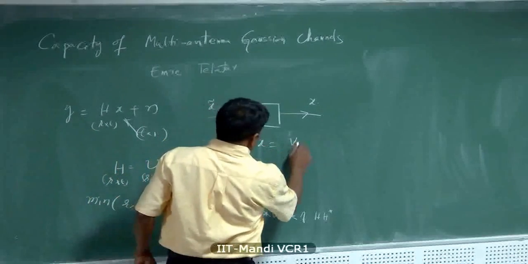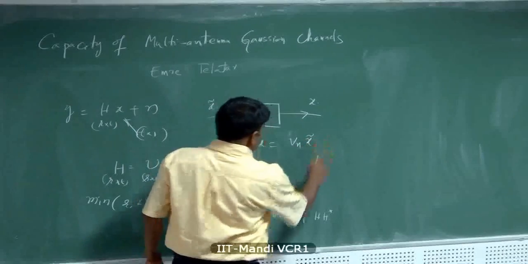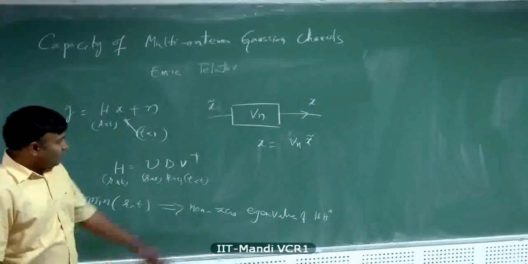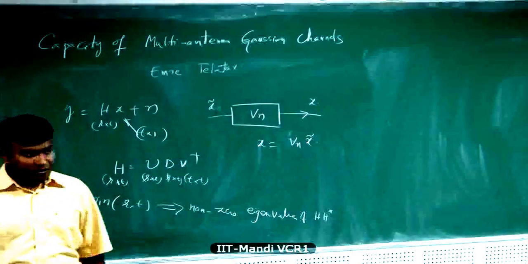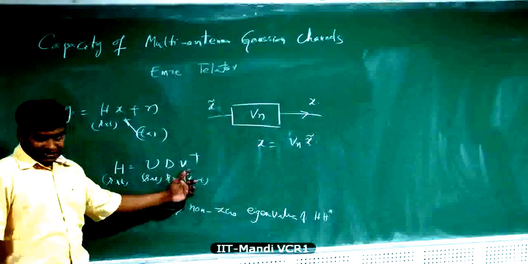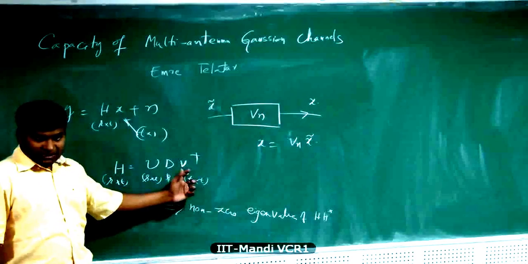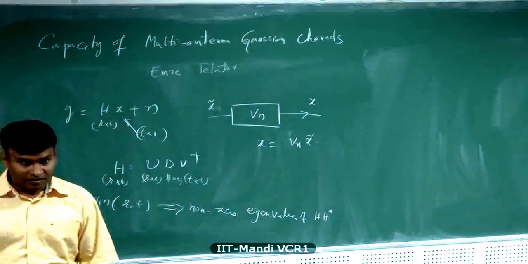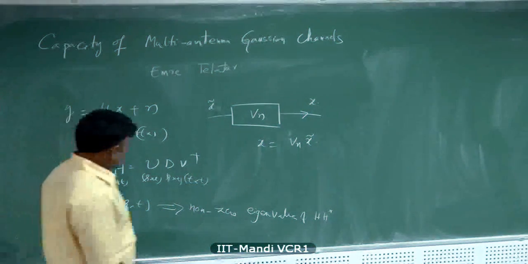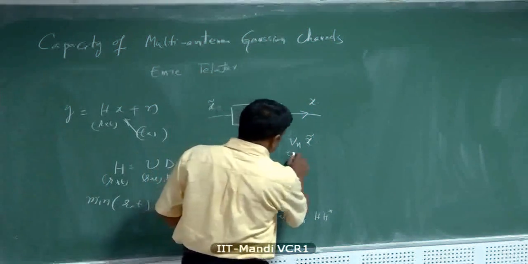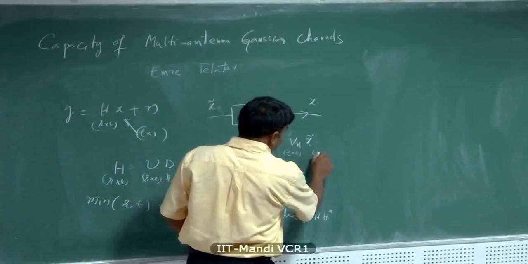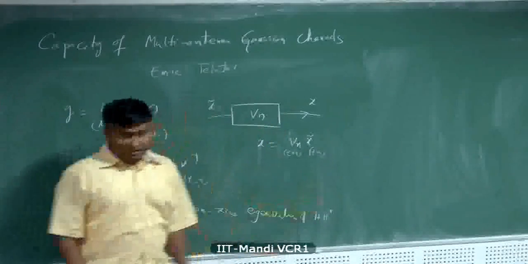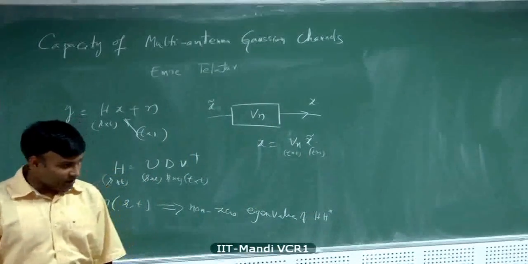X equal to Vn X tilde. Okay, what is this Vn? Vn could be V, but then you are transmitting T streams. If Vn is a T by T matrix, then you have to transmit T independent data streams.